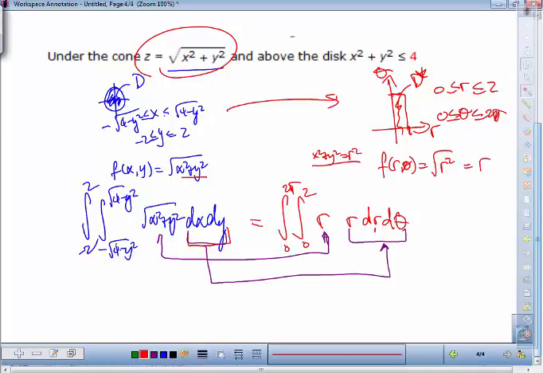Hey, remember what happens if we have constant limits? We could separate them. There's no theta, well, we could pretend that the integrand for theta is 1. And then the r is just a couple of r's being multiplied together.